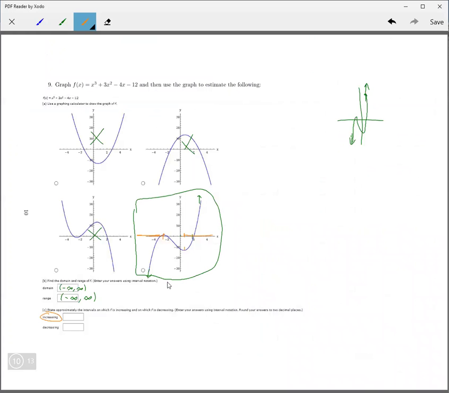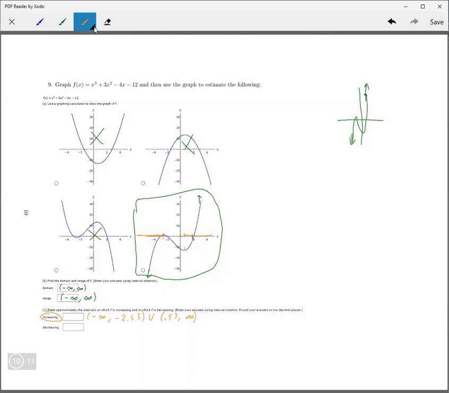Unfortunately we can't see both of those at the same time, but here's what it is. Okay, so it's increasing from negative infinity all the way up to negative 2.53. And then it goes down from negative 2.53 to 0.53, but then from 0.53 to infinity, it's increasing again.